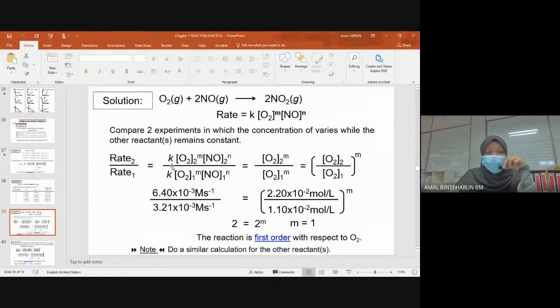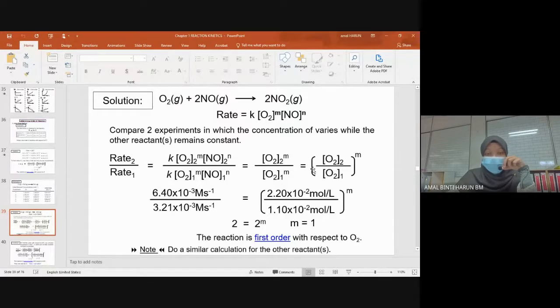So since K is the same, we cancel K. We cancel the concentration of NO because it is the same. What remains is the concentration of oxygen in experiment 2 divided by the concentration in experiment 1, to the power of M respectively.